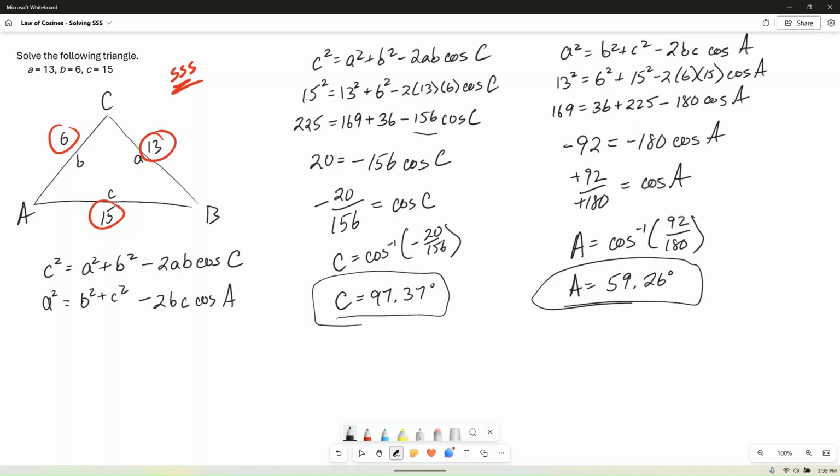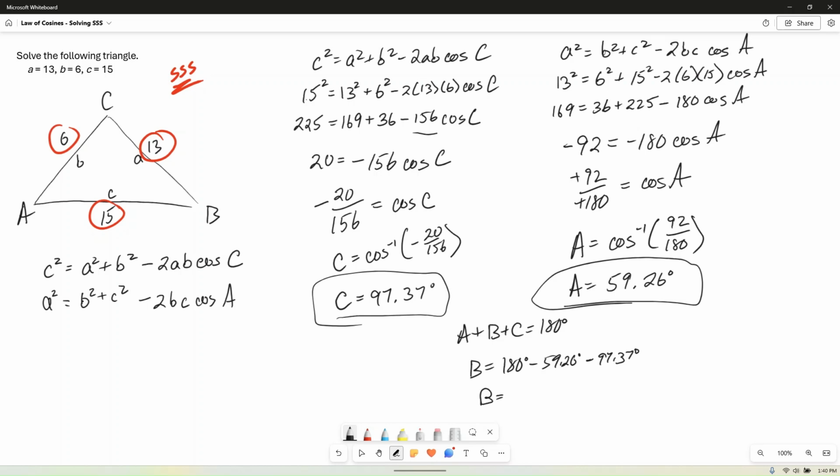So the last piece is angle B. And again, just like we've seen with all signs, we know the sum of the three angles has to be 180 degrees. So A plus B plus C has to be 180. And so that means B is going to be 180 degrees minus 59.26 degrees minus 97.37 degrees.